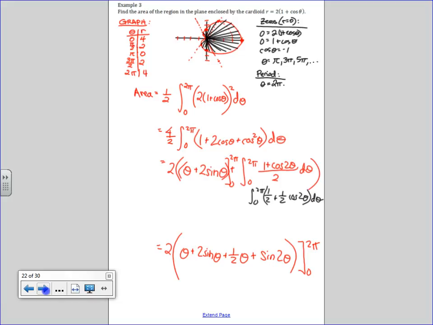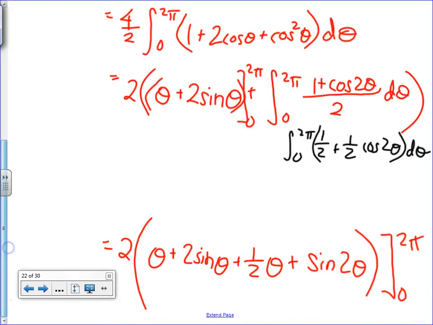Let me zoom in because it's getting small. U would equal 2 theta. Sorry, we do this differently than I do it now. Du is equal to 2 d theta. So that'll be 1/4. Oh, yeah, you're right.